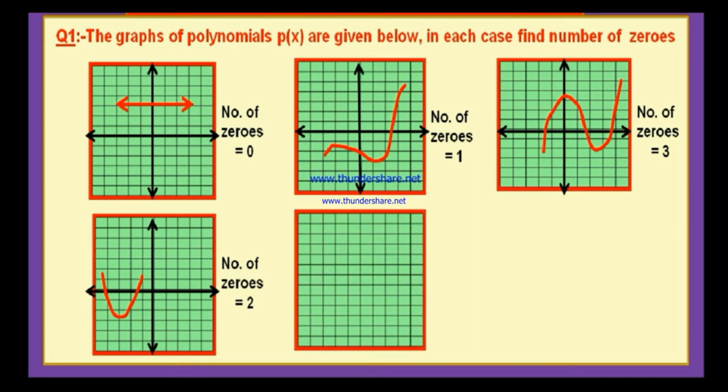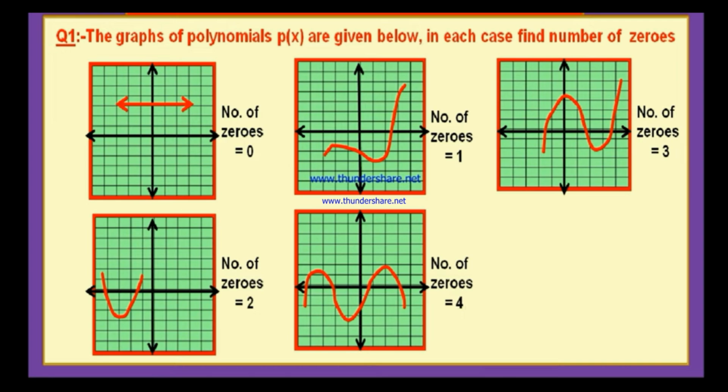And the next, fifth graph. Now the given curve is like this. This curve is intersecting x-axis at 1, 2, 3 and 4 points. Since it is intersecting x-axis at 4 points, the number of zeros of this polynomial is equal to 4.